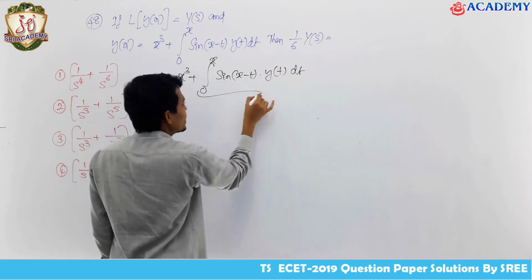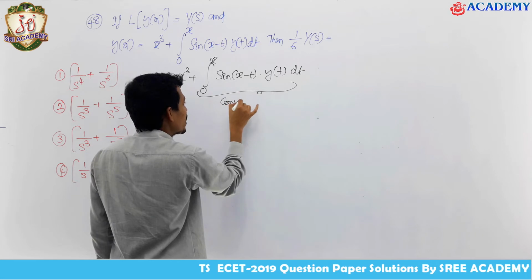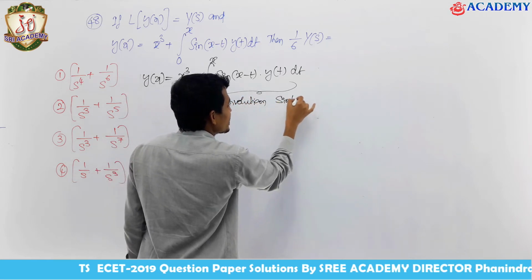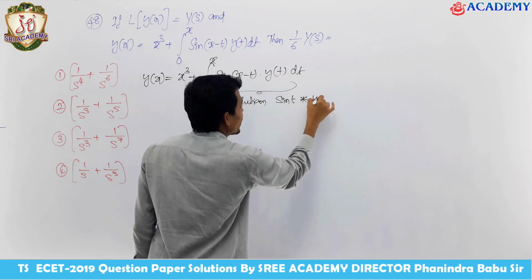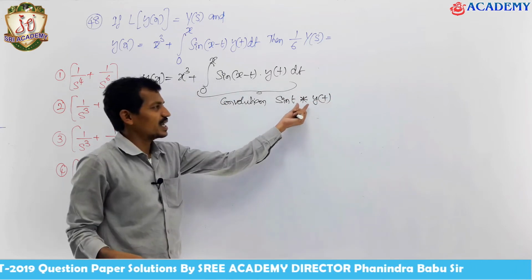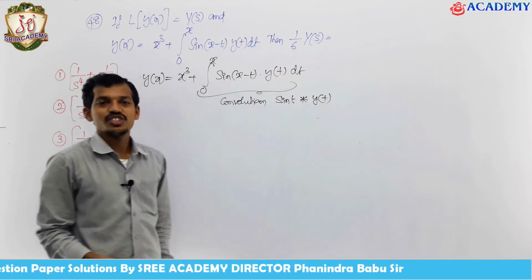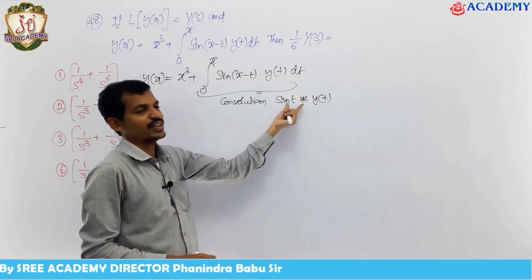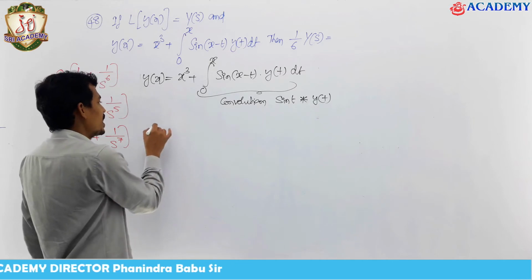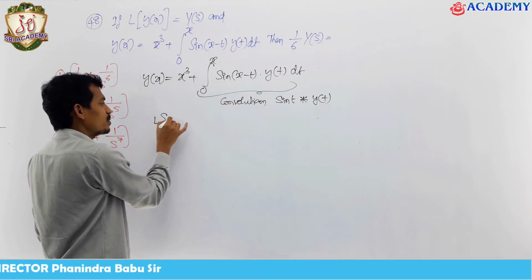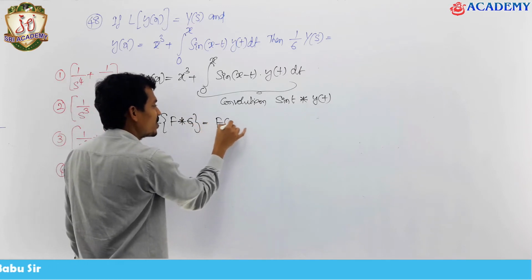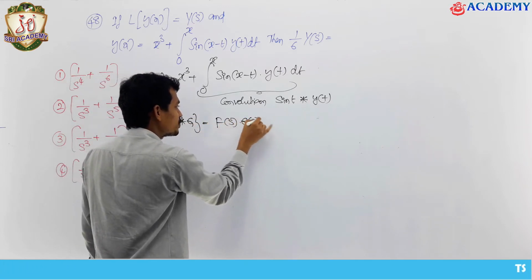We can say this is a convolution of sine t and y of t. We will always represent convolution with a star. The convolution of two functions, that is Laplace of f star g, is always going to be f of s into g of s.